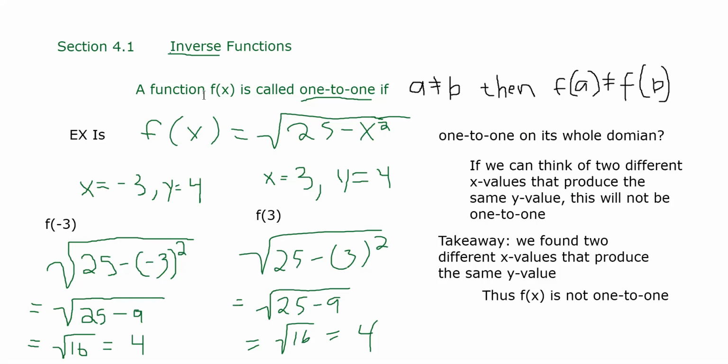Now, if you had a function that you suspected was 1-to-1 and you wanted to see if it was 1-to-1, does that mean you have to try out every possible x value and make sure that you're not getting any repeated y values? I mean, theoretically, yes, but that's actually just where graphing is important.